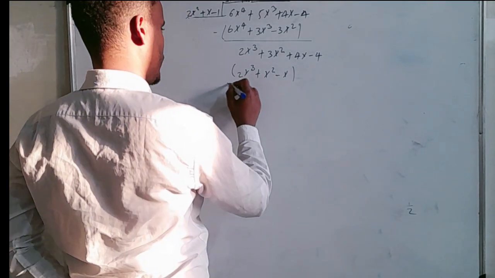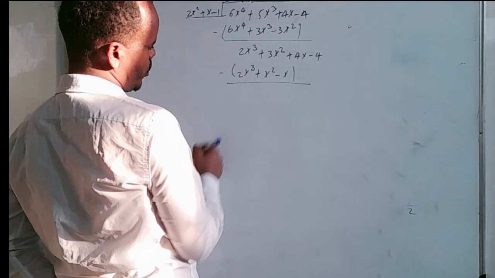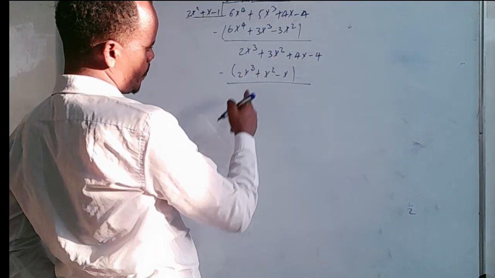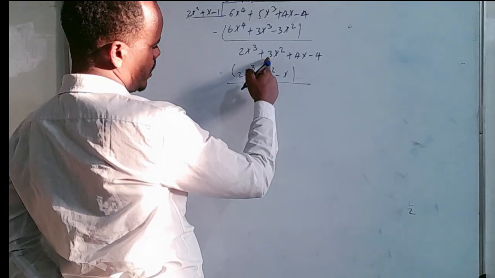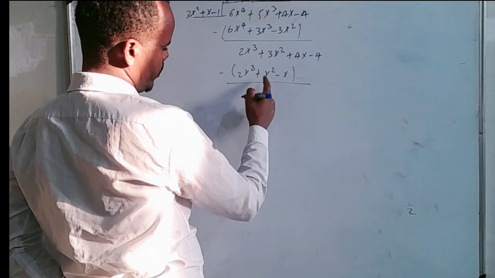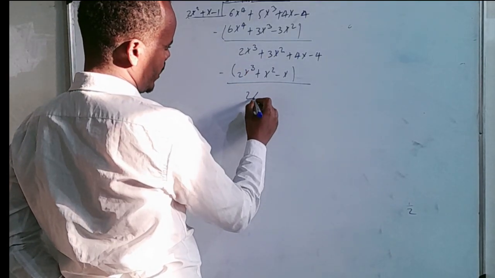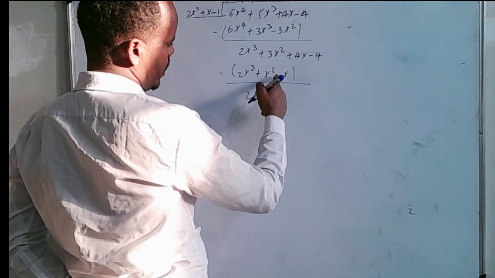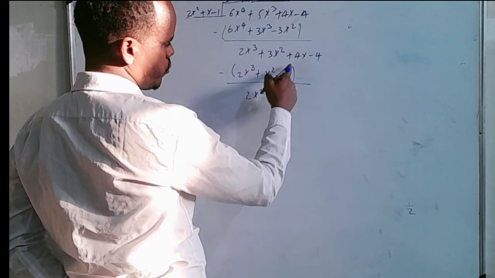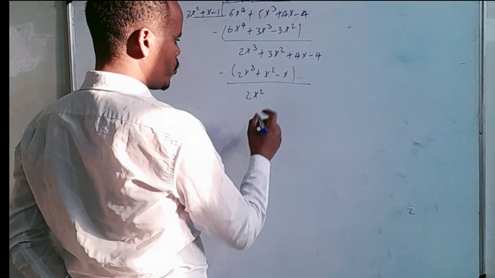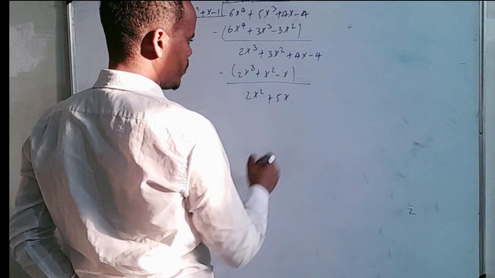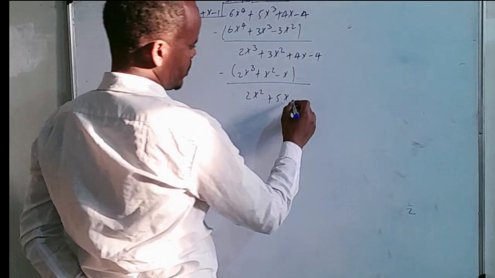Then change the signs. So 2x cubed minus 2x cubed is 0. Negative 3x squared minus x squared gives 2x squared. Negative times negative is positive, 4x plus x is 5x minus 4.